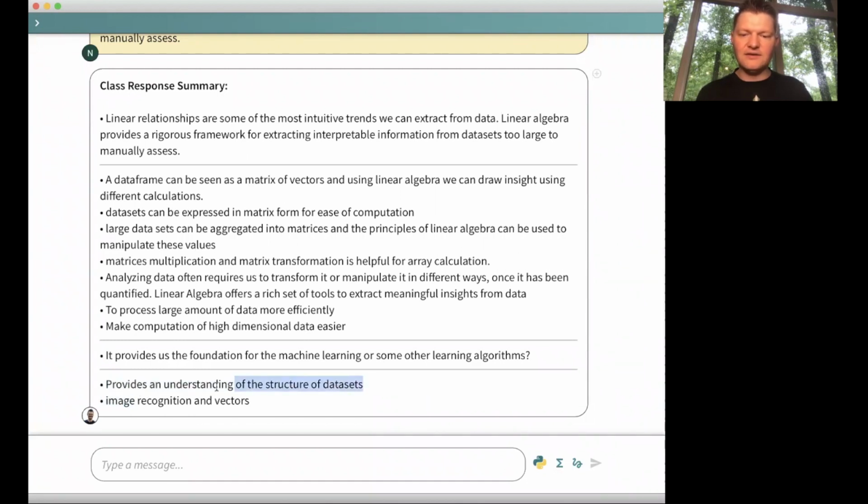There are some other ideas here that I also want to riff on a little bit. So it provides an understanding for the structure of data sets. That's the direction we're going to go with this shortly, and we'll think about exactly what that means, at least one particular facet of what it means. It provides a foundation for some machine learning algorithms. That's true. Linear regression is a really important machine learning algorithm or statistical method, depending on your perspective. But yeah, it gives us some direct tools as well as just general conceptual framework for doing lots of other kind of intermediate things we're going to want to do.